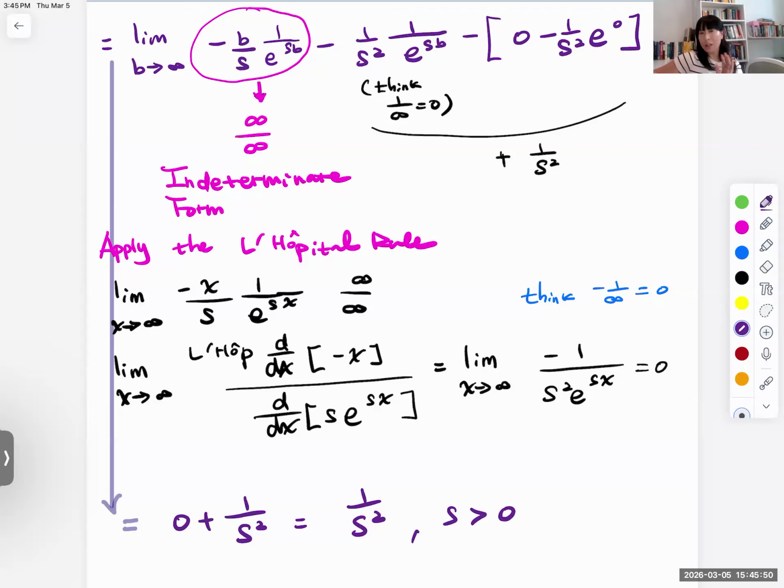If s equals zero, then it is undefined. So s is greater than zero.